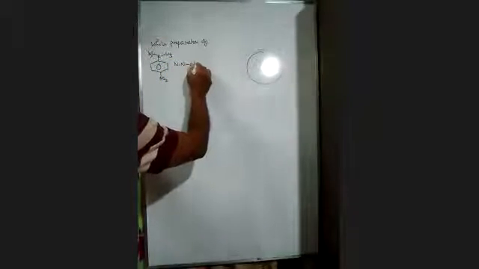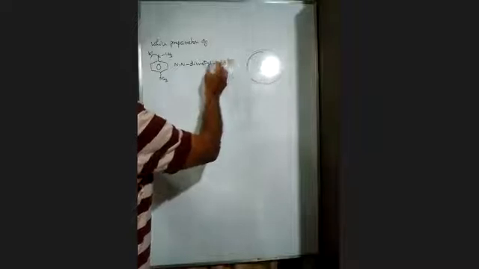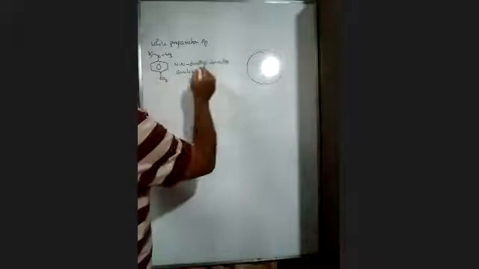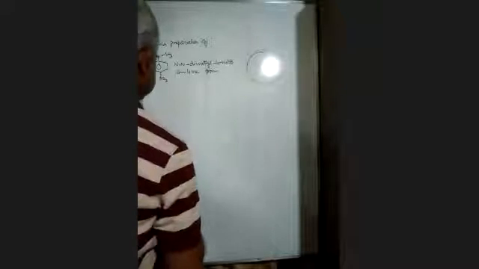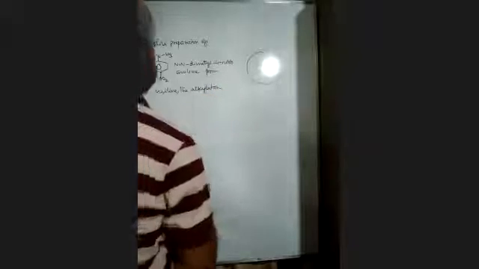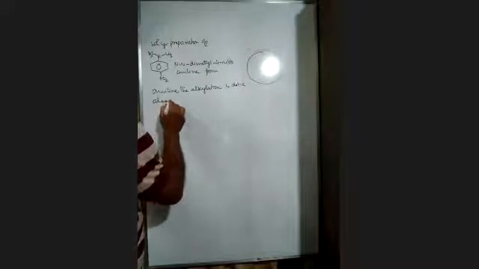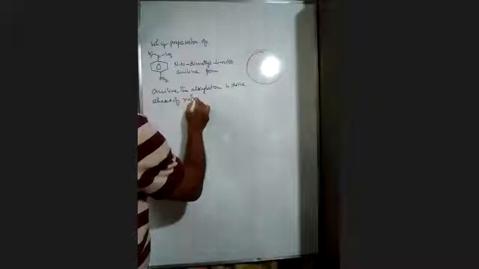N,N-dimethyl 4-nitroaniline. From aniline, the alkylation is done ahead of nitration. Okay.